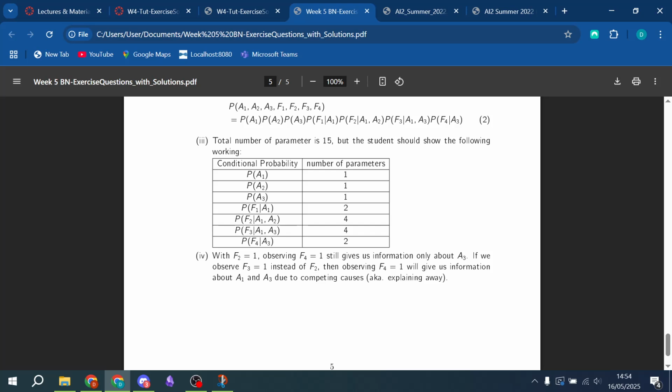I'm not entirely sure why it says still only A3, because I would have thought F4 always gives you information about A3, no matter what you've previously observed here, but I might be understanding that wrong.